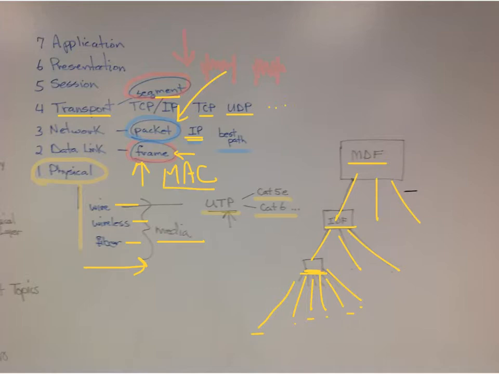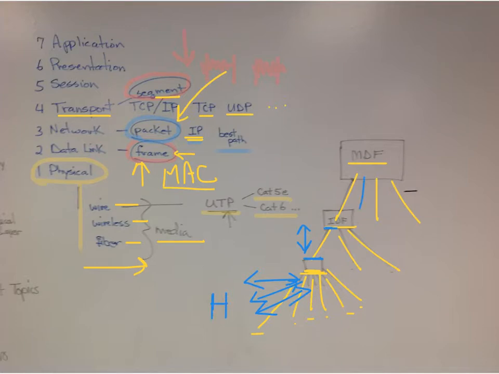Then we got talking about these distances, okay? This cabling here to here, we'll refer to that as vertical cabling, and the cabling here going out to the workstations, we refer to that as horizontal cabling. And in a lot of plants, they actually indicate those by color.